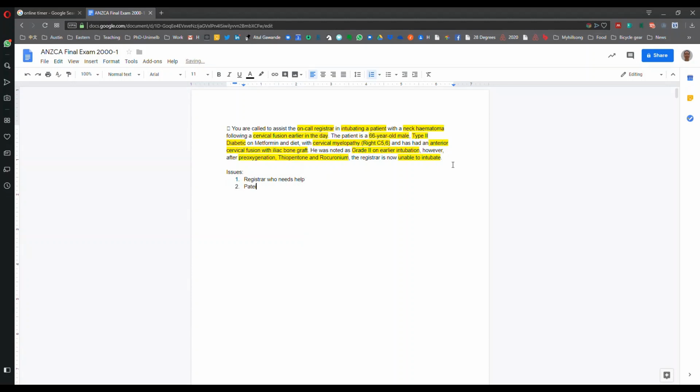You've got a patient with a potentially difficult airway due to post-operative bleeding. This in turn might lead to hemodynamic instability.